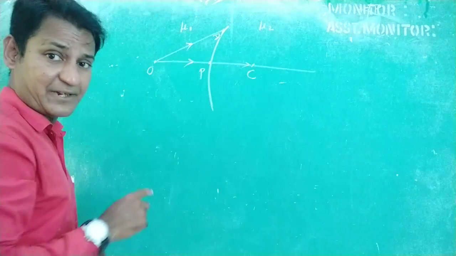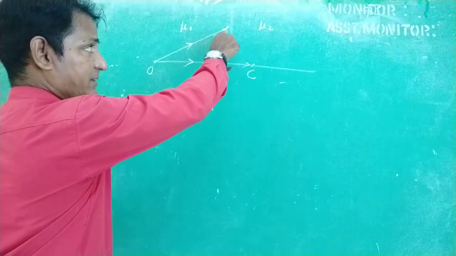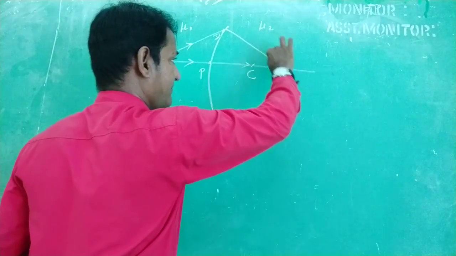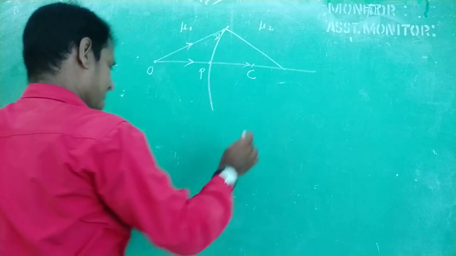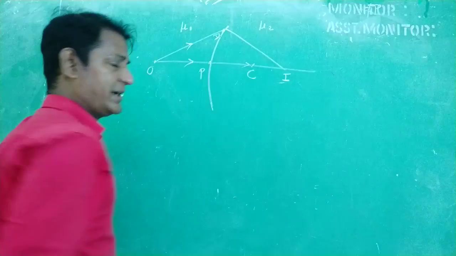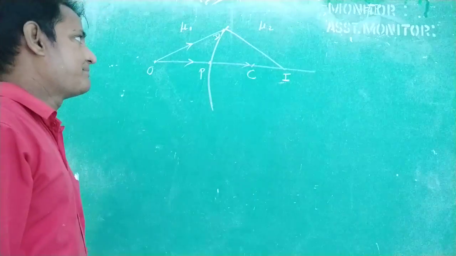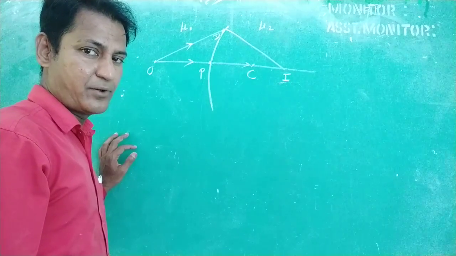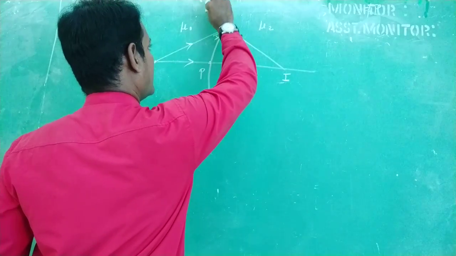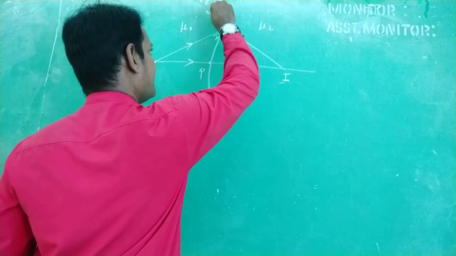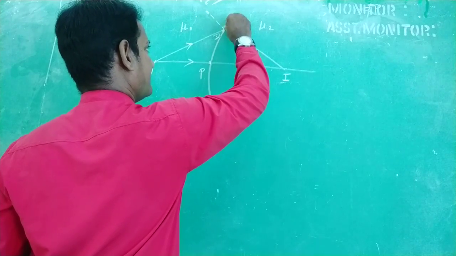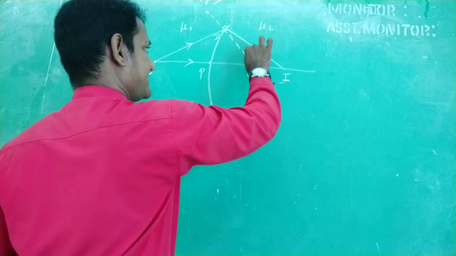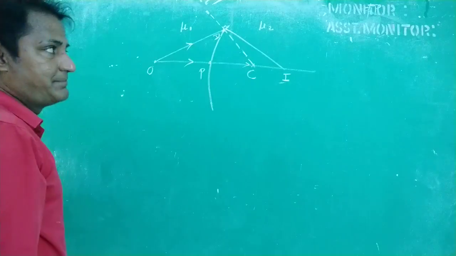After refraction at this point D, the image will be obtained at a point I. Now, at the point D, I am going to draw a normal to the surface, and extend it so that it meets at C.